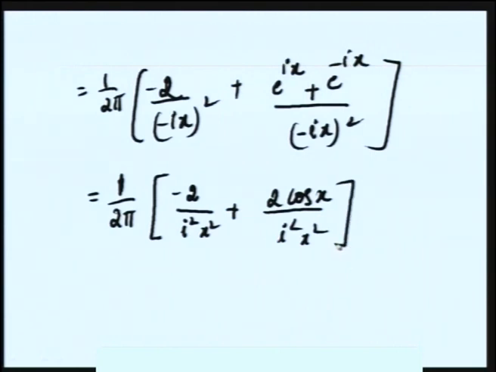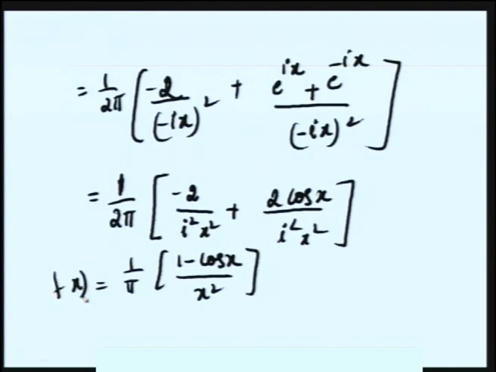So, 2 is taken outside commonly and then it is cancelled, and you have i square is minus 1, so 1 by pi, you have 1 minus cos x by x square. This is f of x.